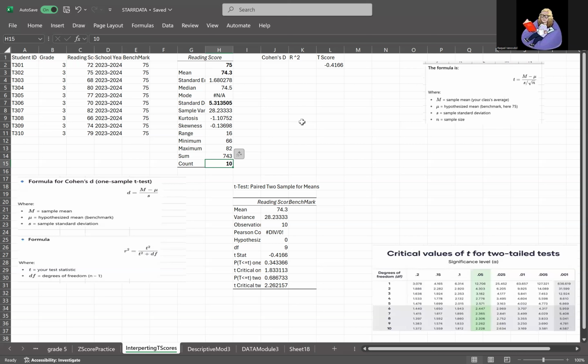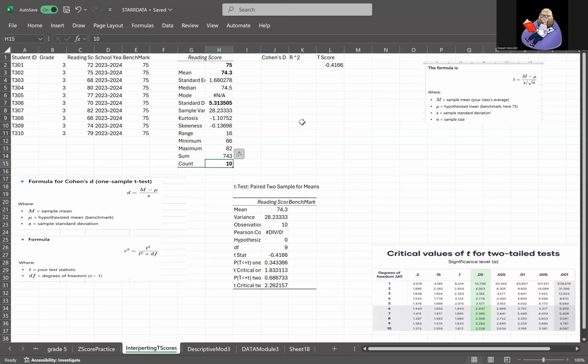When considering a hypothesis, you have to consider the significance of differentiation. So that third step is to set the percentage of significant difference. I'm going to use 0.05 or 5%, and I'm getting that from the critical values table for the two-tailed test. The degrees of freedom, which is the sample size minus 1, gives us 9.